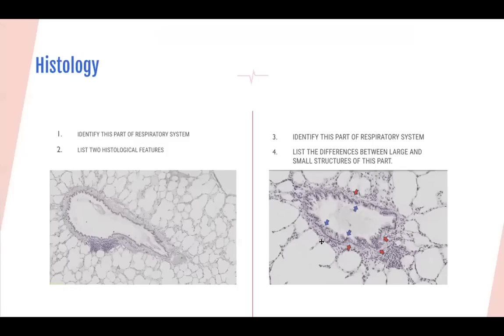Because we can still see some ciliated pseudostratified epithelium and goblet cells. That's mainly why it's a large bronchiole. So a small bronchiole wouldn't have goblet cells? No, it wouldn't. A small bronchiole will have no goblet cells. They'll instead have club cells? Club cells. Yes, exactly. Okay.